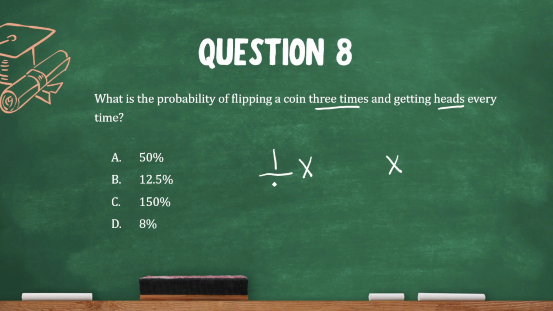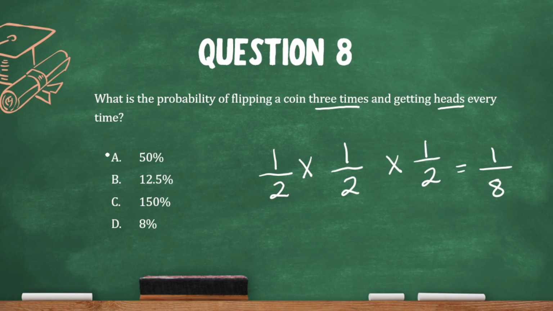It's 1/2, right? And what's the probability of getting heads the second time? It's also 1/2. And the third time, it's also 1/2. So we'll multiply the top and multiply the bottom. So 1 times 1 times 1 is 1, and 2 times 2 times 2 is 8. So the probability of getting heads when you flip a coin 3 times in a row is 1/8.